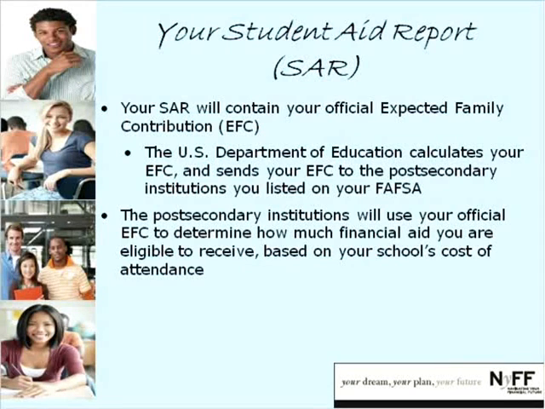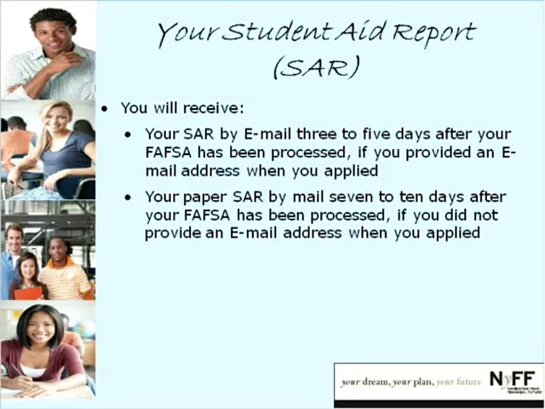So it's just a tool, and that's exactly what the school is doing as well. They're determining, okay, if this person has a $2,000 EFC, they're going to get X number of dollars in Pell Grant. Then they're going to use that to determine any other need-based aid and other things. So it's just a number that the school uses, and you just need to be aware of what that number means.